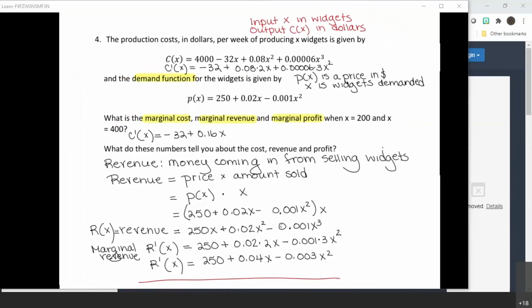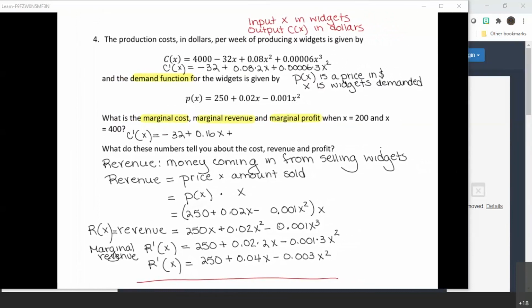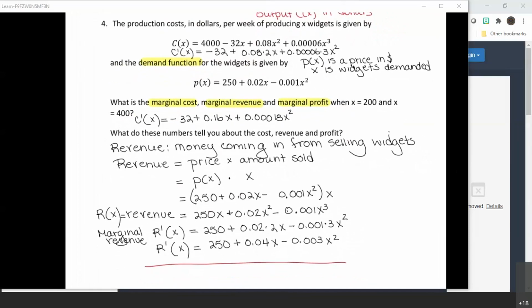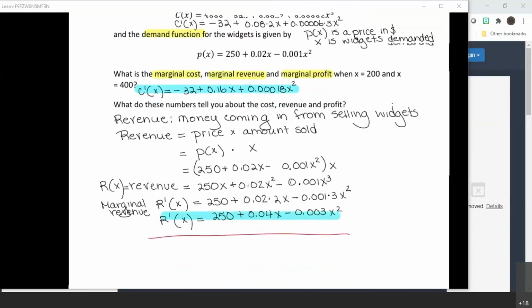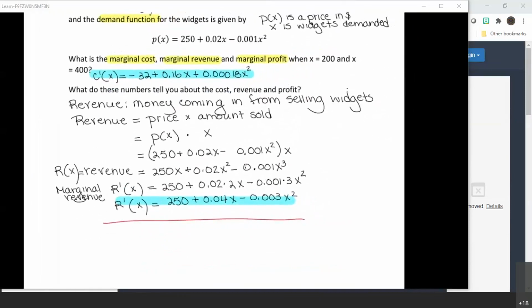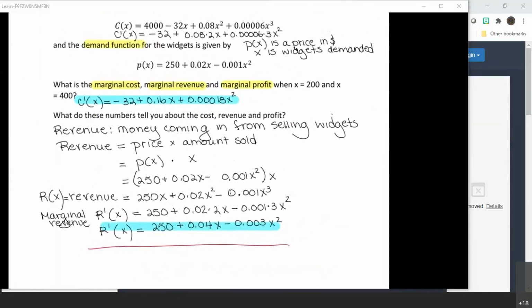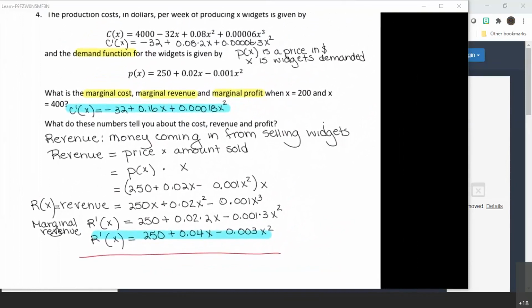So I'm just doing the arithmetic on this big gnarly thing here. Okay, so here's marginal cost. Here's marginal revenue. So what I can do, they're telling you what are the marginal cost and marginal revenue when x is 200 and when x is 400.